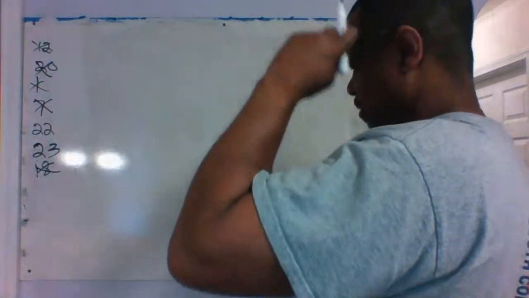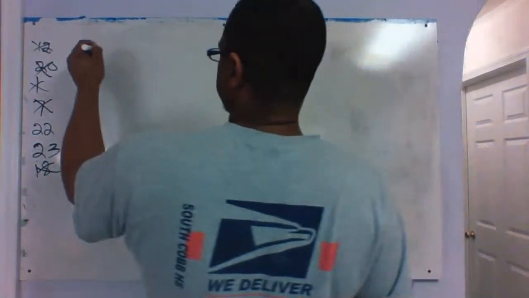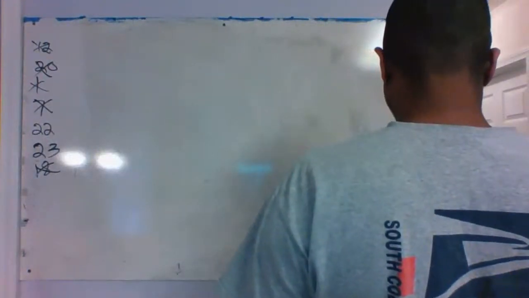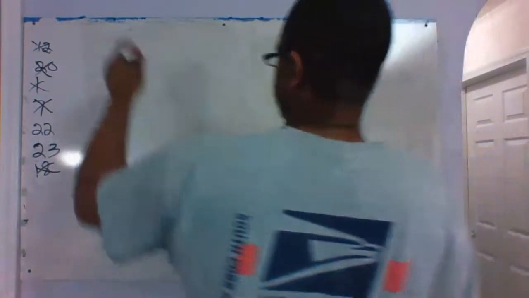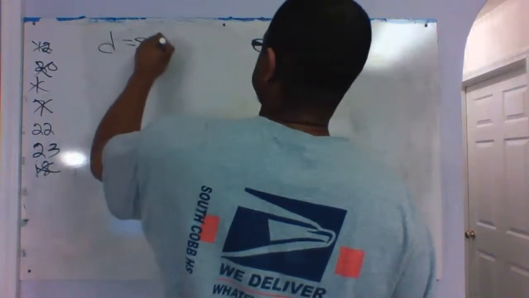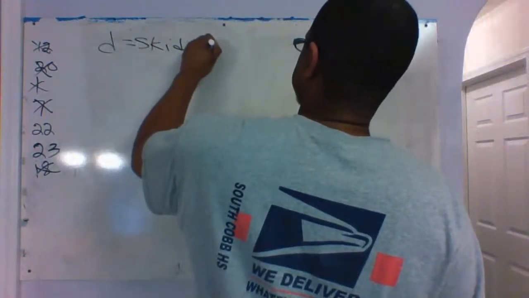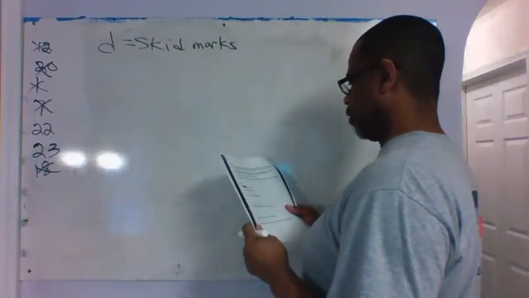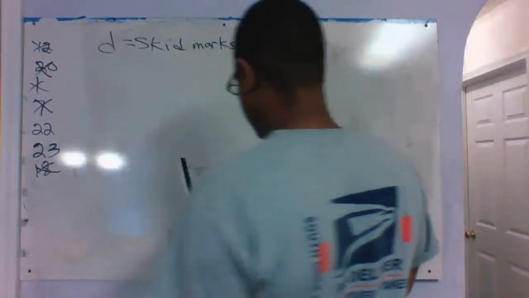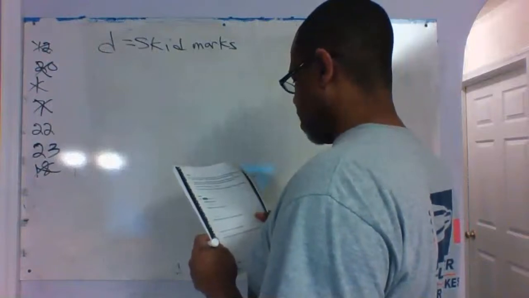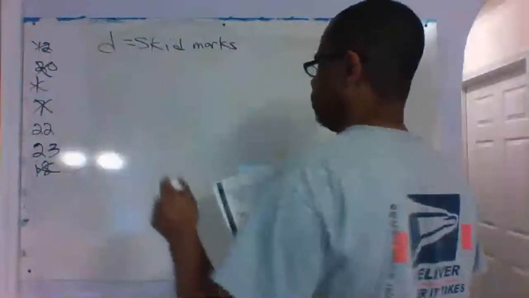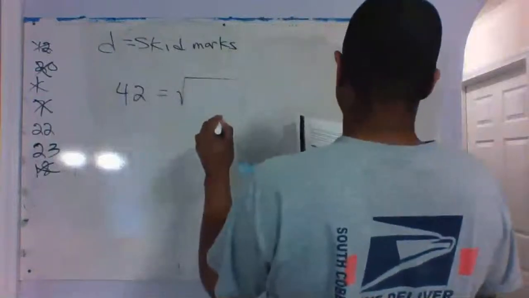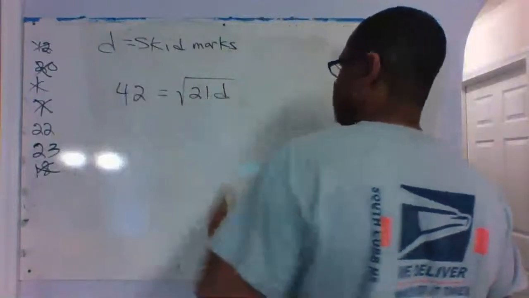So 22. D is the skip marks. Okay, so what we want to do here, they told us that S was 42. So we're going to put 42 here, equals the square root of 21D.